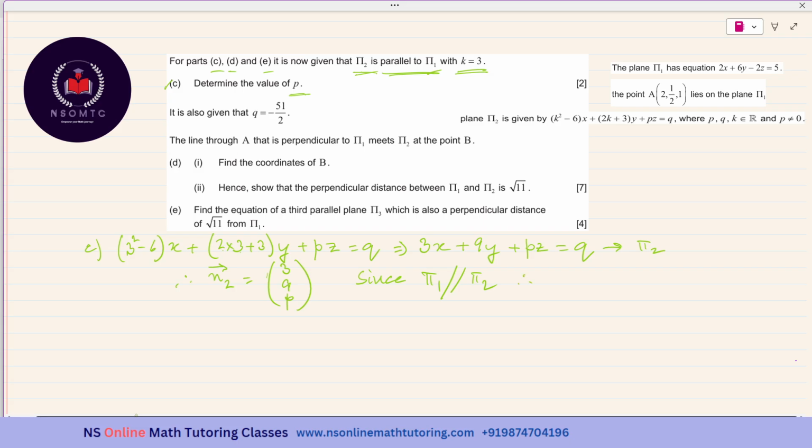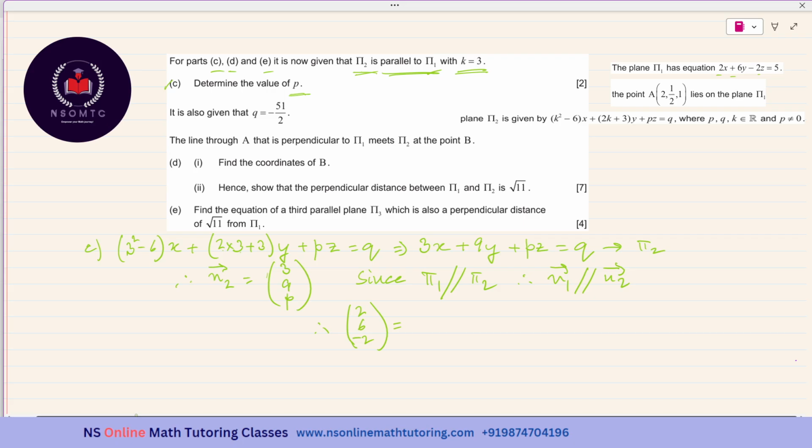Therefore, n1 should be parallel to n2. Okay, because the planes are parallel, their normals should also be parallel. Therefore, what is n1 from the first plane's equation? 2, 6 and minus 2. So, 2, 6 and minus 2.